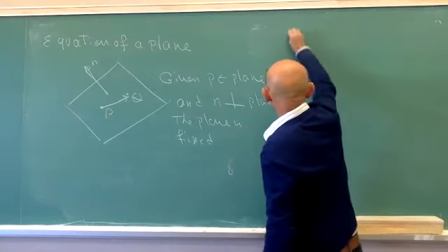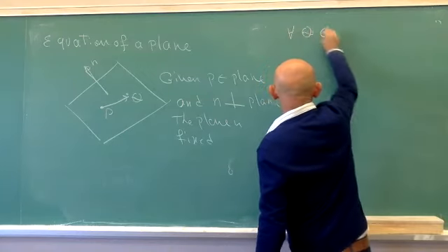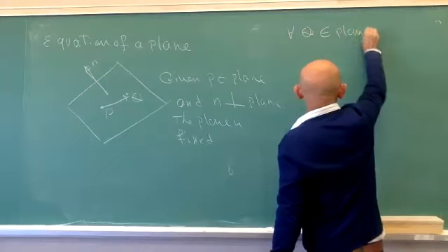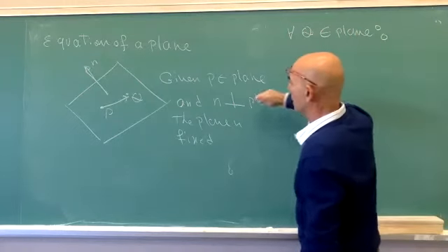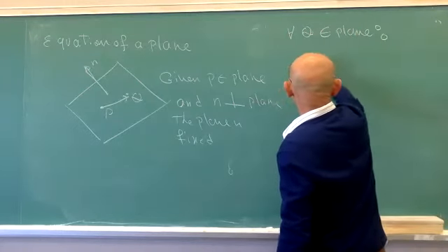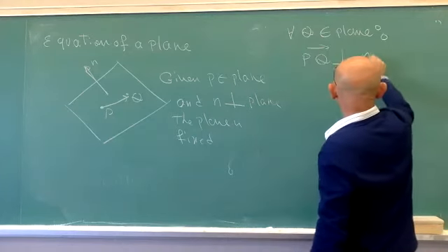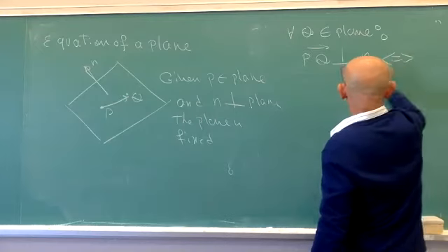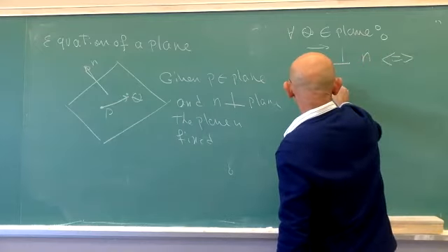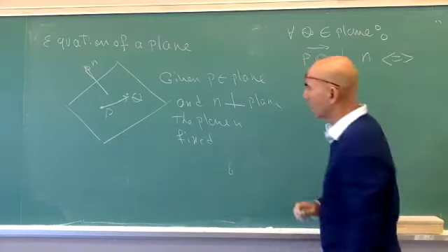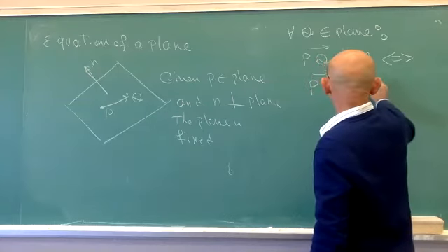So for any Q belonging to the plane, you have the following equation: PQ is orthogonal to N. This means PQ dot N is equal to 0.